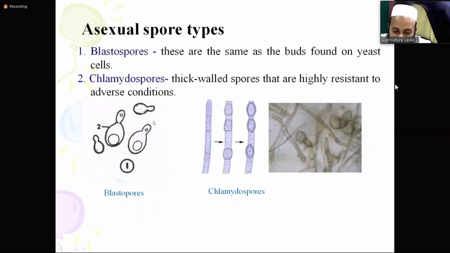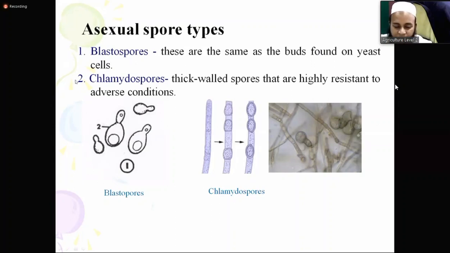So an outgrowth or budding occurs. They give some protoplasm and this again divides. This type of spore is called blastospore. These are the same as the bud found on the yeast cell, where pressure is needed.